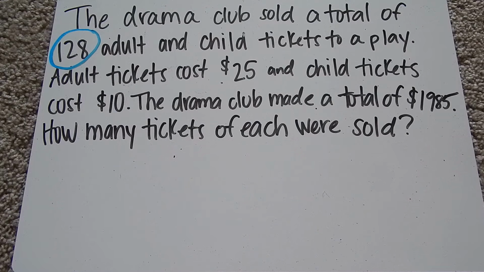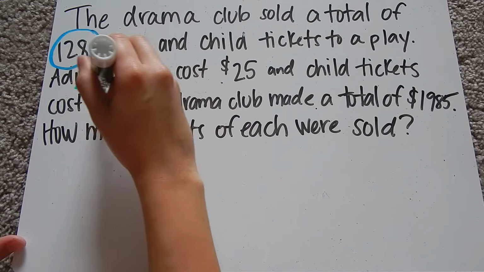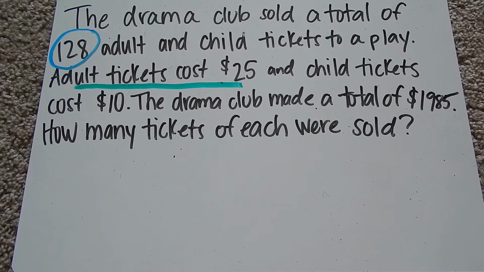Adult tickets cost $25. Now that is not a total. It did not cost a total of $25. It's just important, so I'm going to underline it. Adult tickets are $25. And child tickets cost $10. Again, that is not a total, but it is important information.